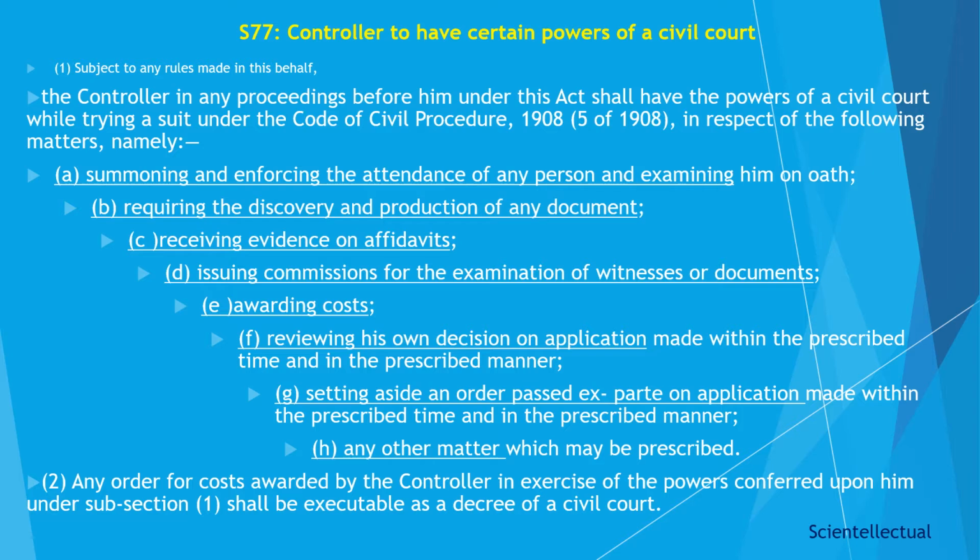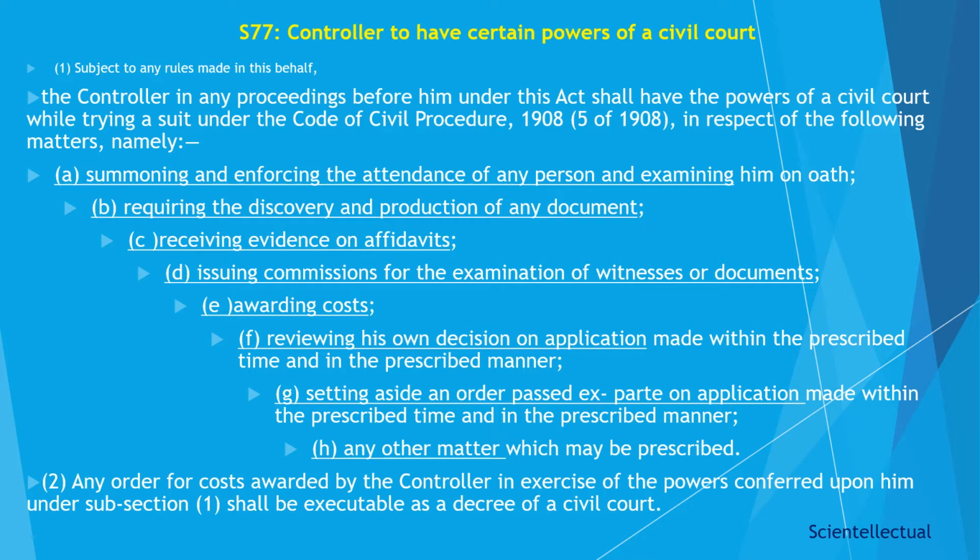B. Requiring the discovery and production of any document. C. Receiving evidence on affidavits. D. Issuing commissions for the examination of witness or documents. E. Awarding costs.